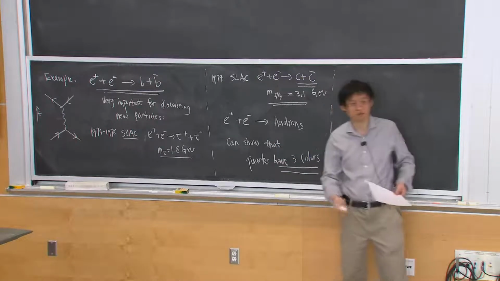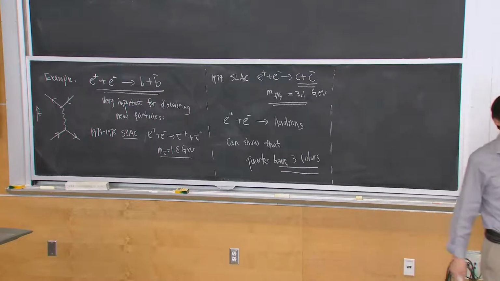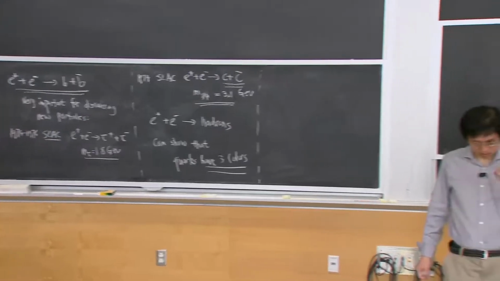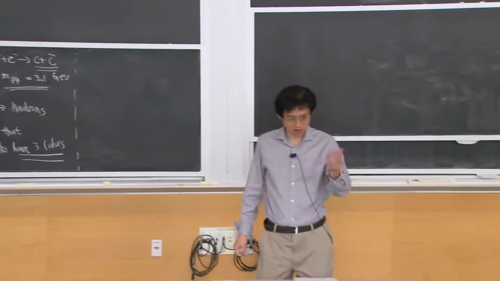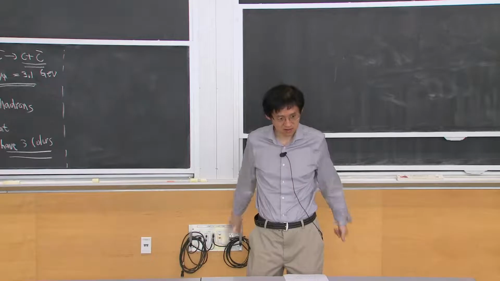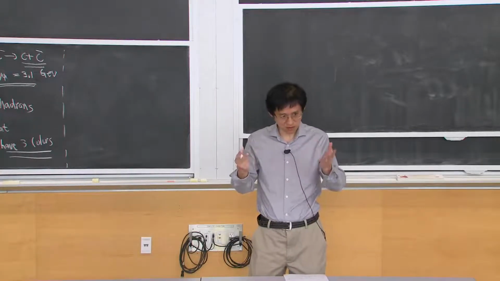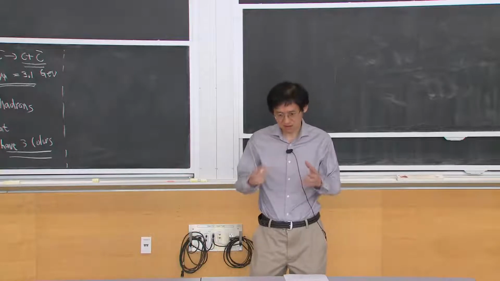Yes? Since you only see the bound state of the quarks, how can you know for sure that they are bound states of quarks? Indeed, that's why for many years, if you look at the proton, the neutron and the pion, they're very tightly bound, and even though there were models about the quarks inside, it's not quite clear.